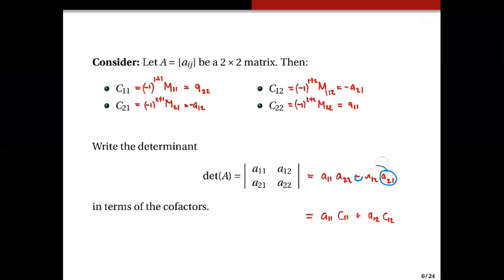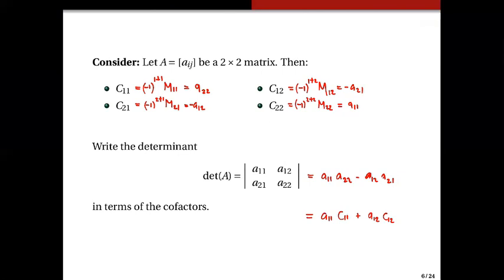We can do this in other ways. For example, we want to retain the second subscript 2, meaning the second column. So we have C12 and C22.